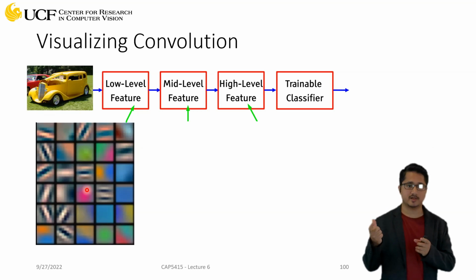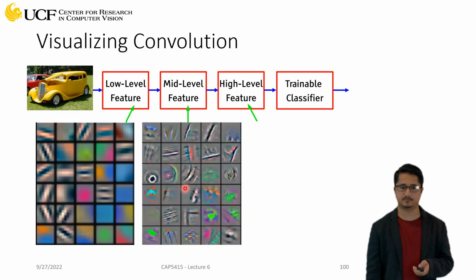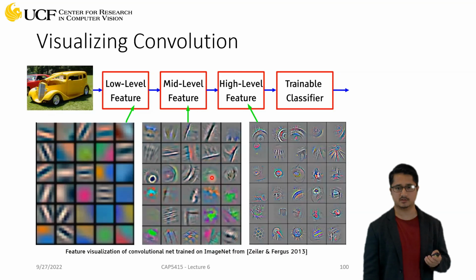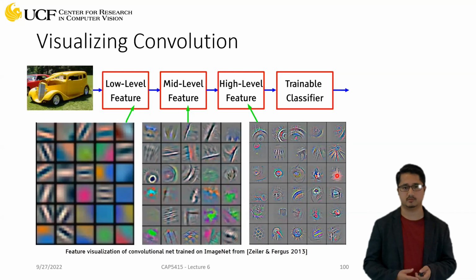So whatever decision it's trying to make, it's making use of all the activations which are present at that level, which means that at mid level, you will combine these and maybe learn some complicated shapes. Okay. And as you go deeper, again, it will be a combination of those activations, so you will learn more complex shapes. And here you can see that some of these are very well-known patterns which we observe in our input images. Okay. And finally, we use these activations to determine which object is present in your input image.